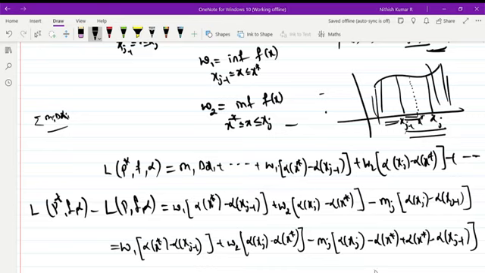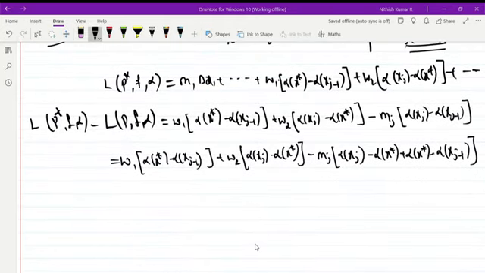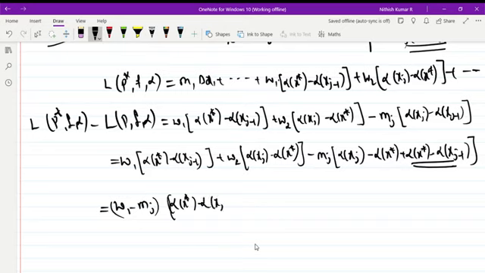Now combining the common terms, this is w1 minus mj times alpha of x star minus alpha of xj minus 1, plus w2 minus mj times alpha of xj minus alpha of x star.